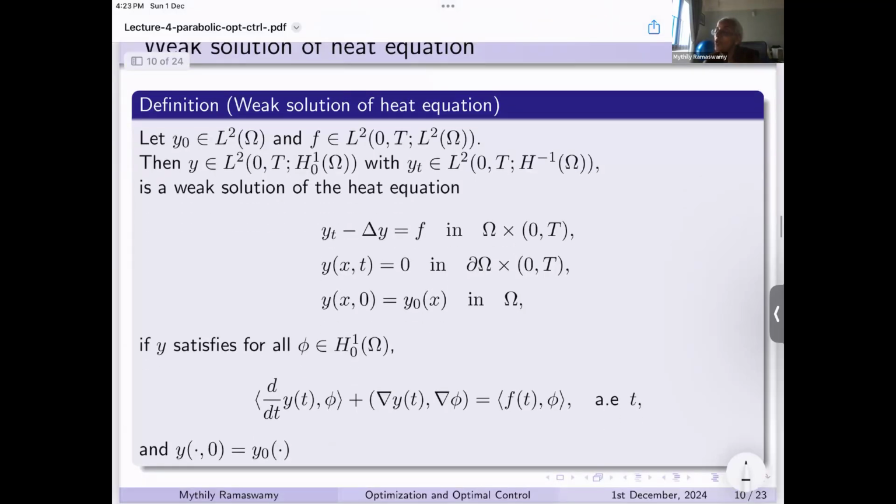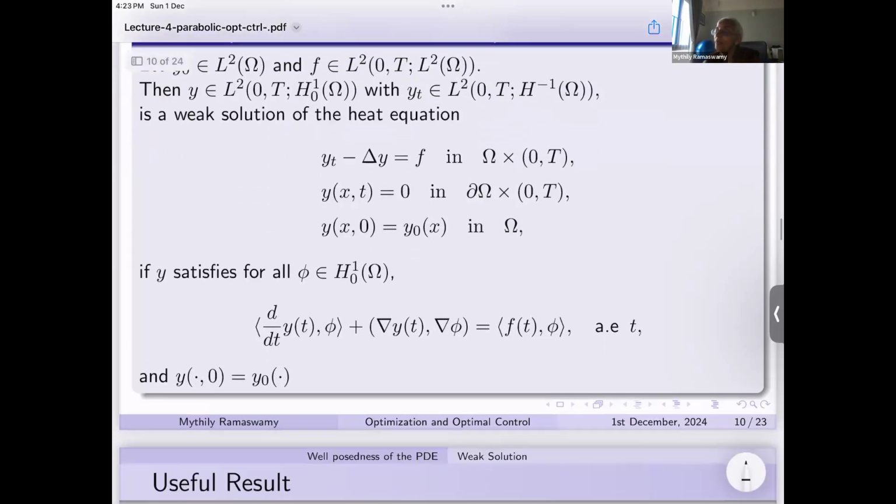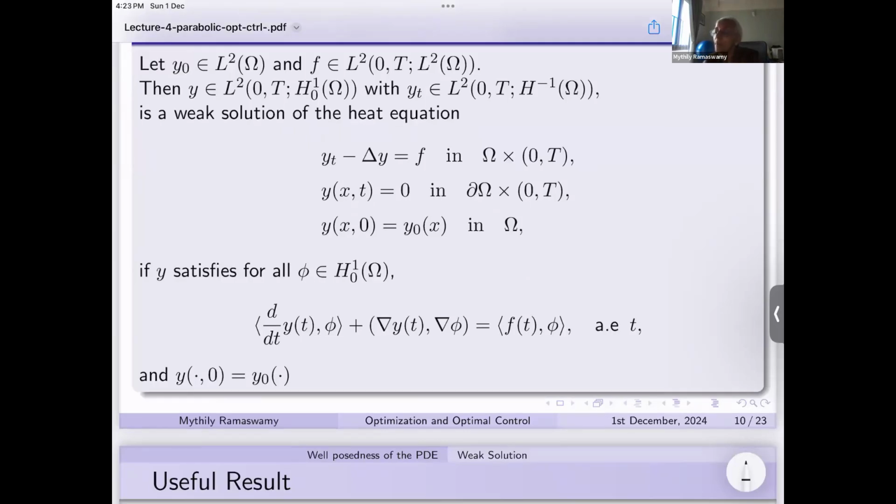Now I have taken zero boundary condition, and this is just for simplicity. y satisfies, for every phi in H1_0 of omega, so I have also the time derivative, d by dt of y(t) paired with phi. This is the inner product in H1_0 of omega.